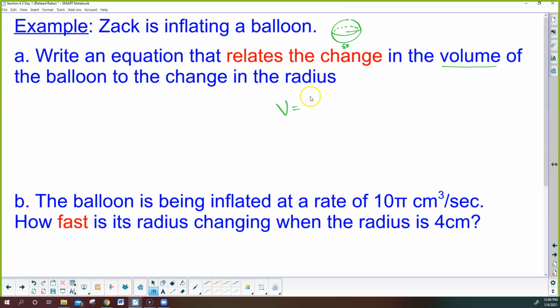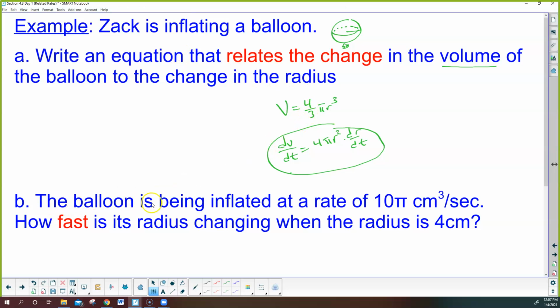The volume for any sphere is 4/3 pi r cubed. And then there's my equation, so I would take the derivative of both sides. The 3 comes down and turns this into 4 pi r squared times dr/dt. And here's the equation. Sometimes that's all they want, is to write the equation.